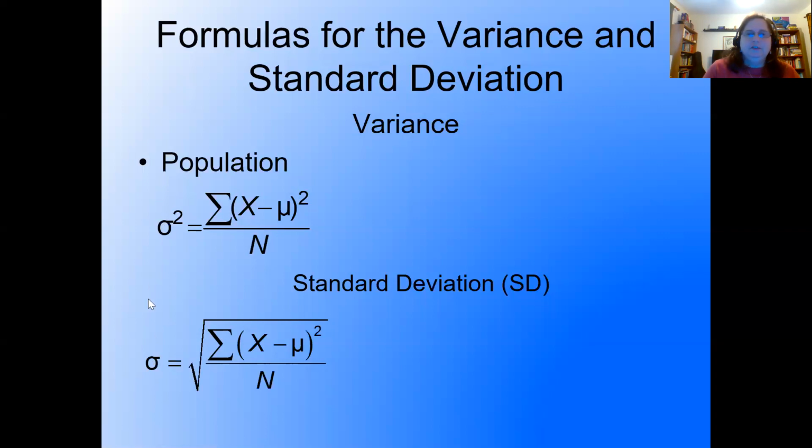Sigma. So that's how we got it. We took the square root of the sigma squared, we took the square root of the right part of the equation, and that's what we end up with. So just like sigma squared on the left side equals population variance, sigma on the left side equals population standard deviation.